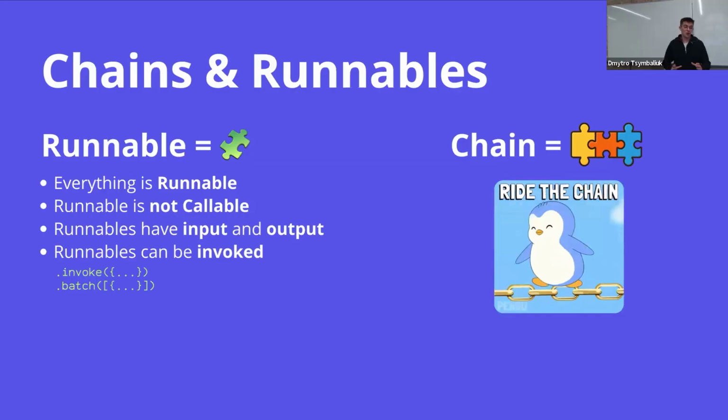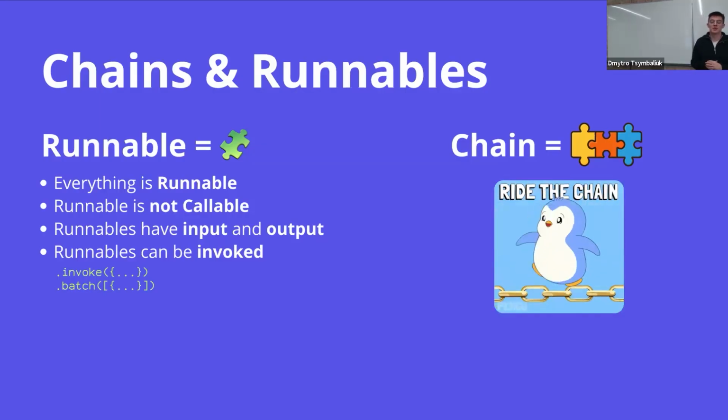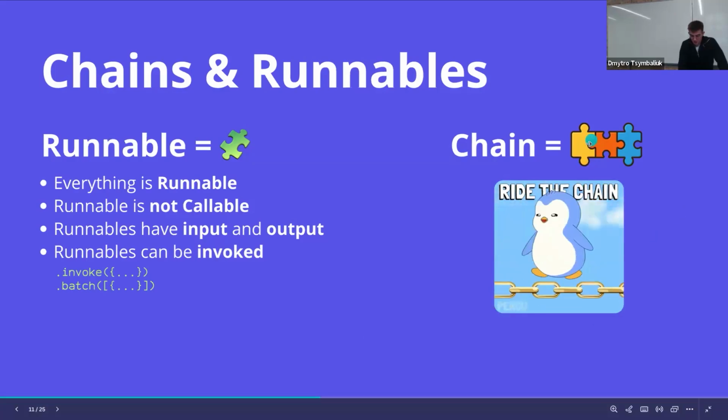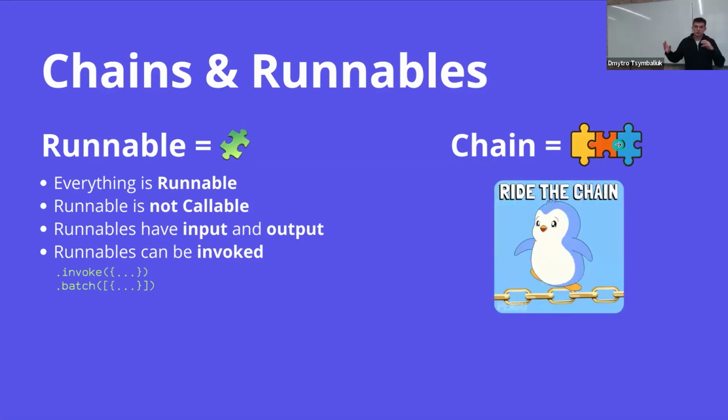It's something you can call. A runnable is something you can run in terms of LangChain. I would like you to think about a runnable as an element of a puzzle, and a chain is a line of puzzle pieces that are already combined together. A runnable has an input and always has an output, so you provide some data and you receive some data from the runnable. And just like in puzzles, you have different forms and shapes, and if those forms or shapes fit, you can create a chain from them.